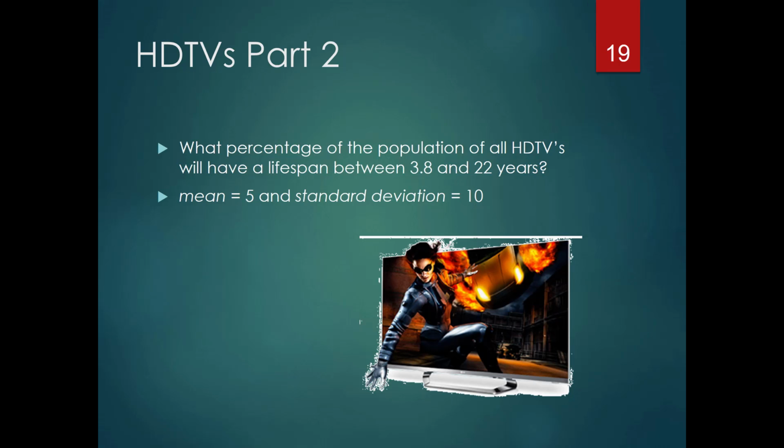Okay, what percentage of the population of all HD TVs will have a lifespan between 3.8 and 22 years? So another in-between problem. We take the less than for the 22, take the less than for the 3.8, and then subtract them. Again, the mean is still 5, and the standard deviation in this case is 10.